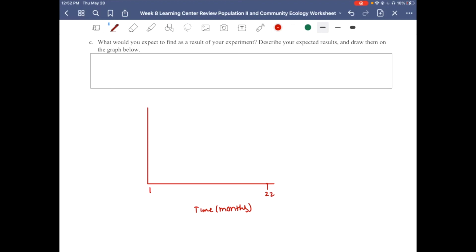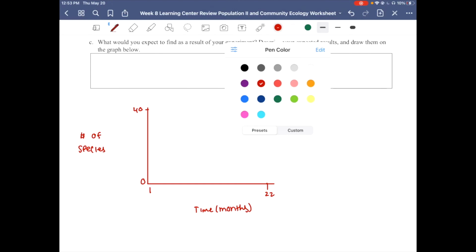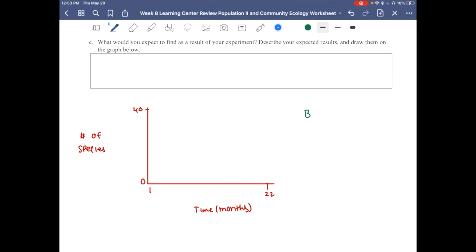And then on the y-axis was the number of species, and that went from 0 to 40. I'm going to draw this in different colors. So let's say B is in green, and then we have A in blue.